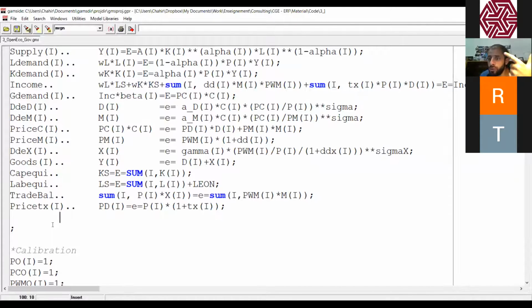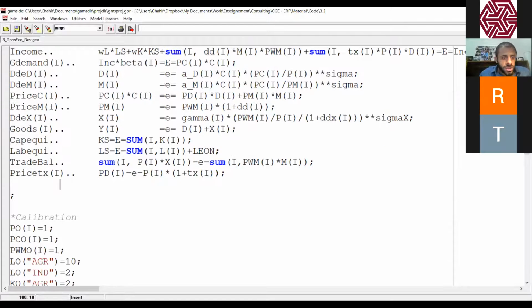That's one. 2, not all prices will be normalized to 1 because some prices include taxes. 3, some parameters, as we said, will be calibrated from the literature, such as the elasticity of substitution. So this means that we need all these data from the social accounting matrix on labor, capital, exports, imports, and all that. But we'll have also to add data from the literature on the elasticity of substitution.